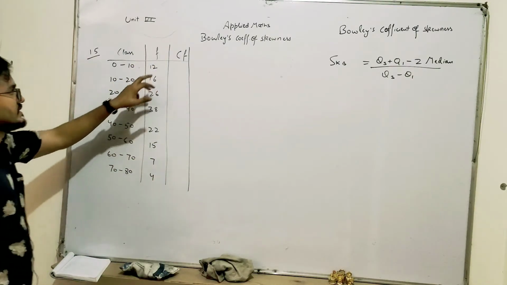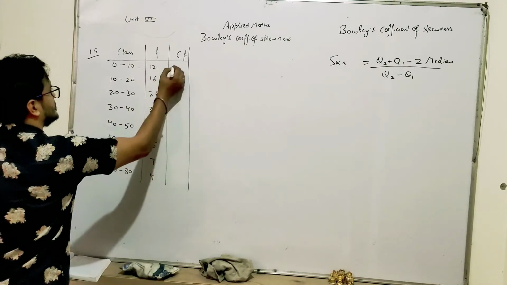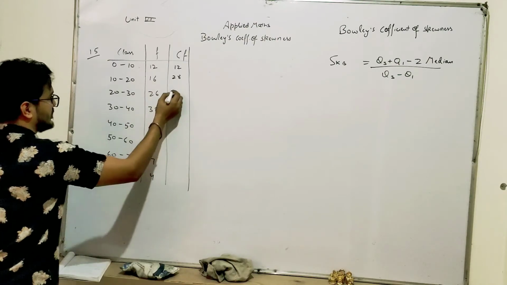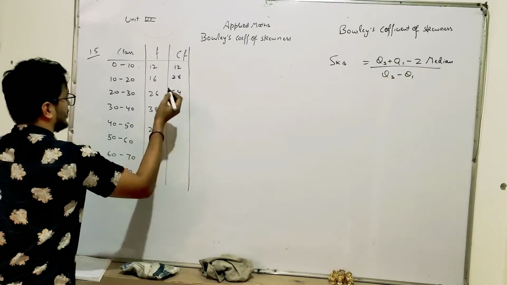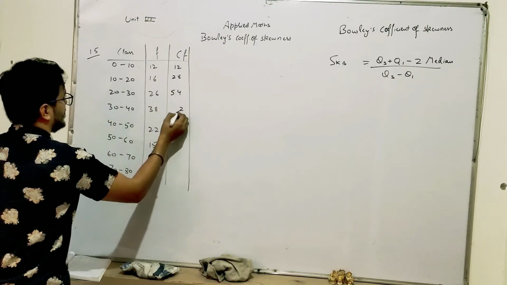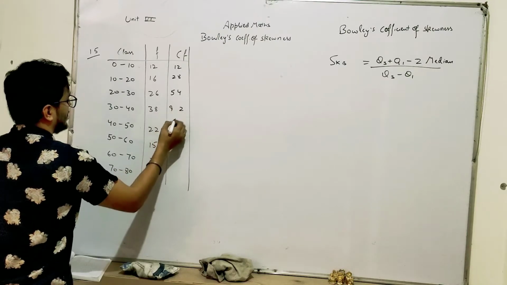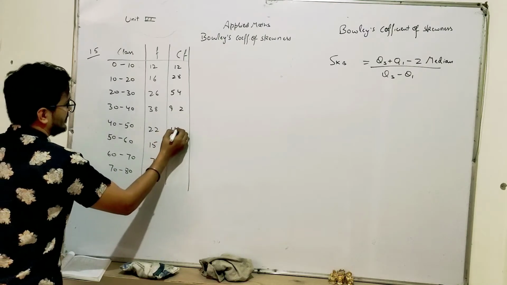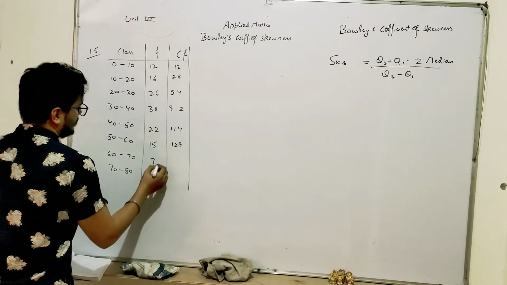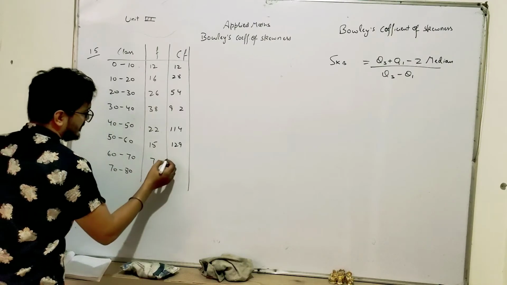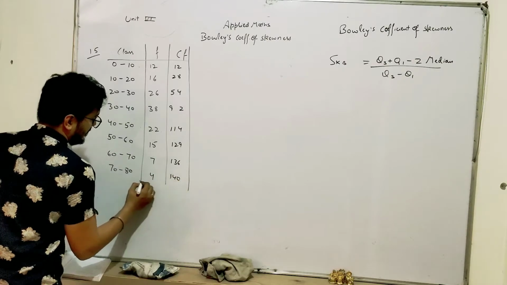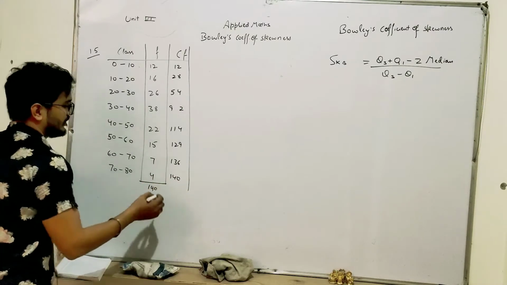CF is 12, plus 16 is 28, 28 plus 26 is 54, 54 plus 38 is 92, 92 plus 22 is 114, 114 plus 15 is 129, 129 plus 7 is 136, 136 plus 4 is 140. The sum of it should be 140.